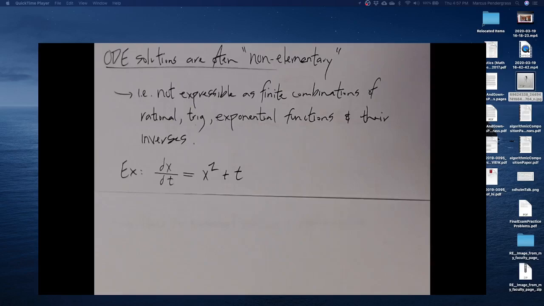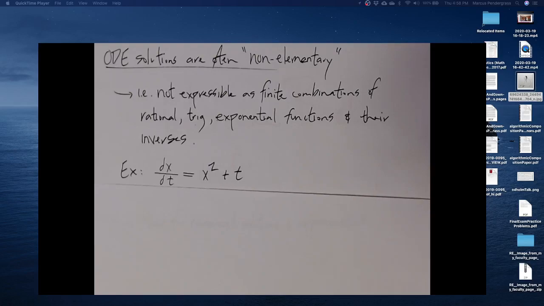Here's an example. This is a pretty simple ODE to just write down: dx/dt is x squared plus t. But you can prove that the solution of this differential equation, and it does have a solution, is not expressible as an elementary function in the sense we've just defined. It turns out this one has a solution that you can write down in terms of Bessel functions, if you've ever heard of those, but Bessel functions themselves are not elementary.